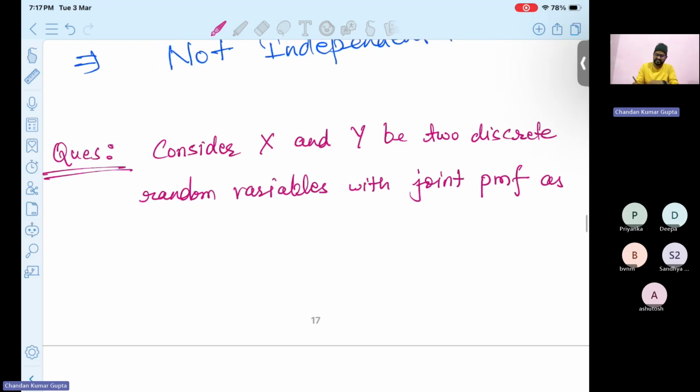Okay, I can write it smaller. Y equal to 1, y equal to 2, y equal to 3, and x equal to 1, x equal to 2, x equal to 3.